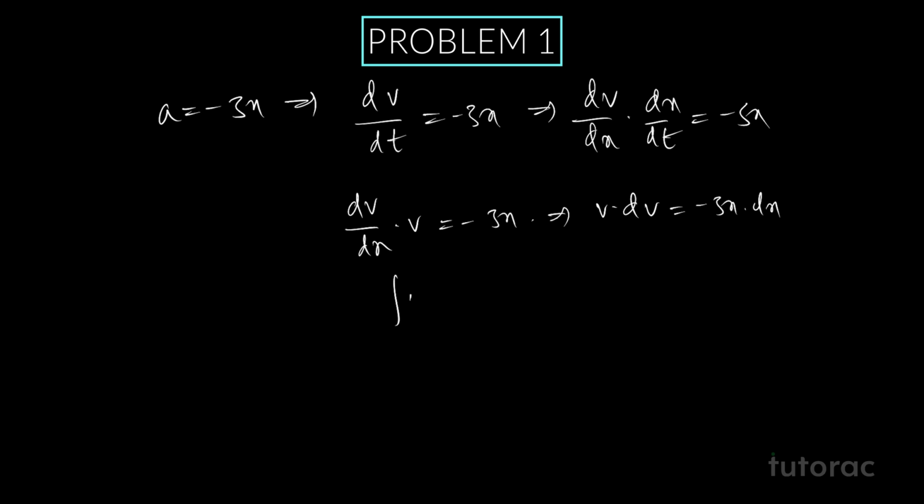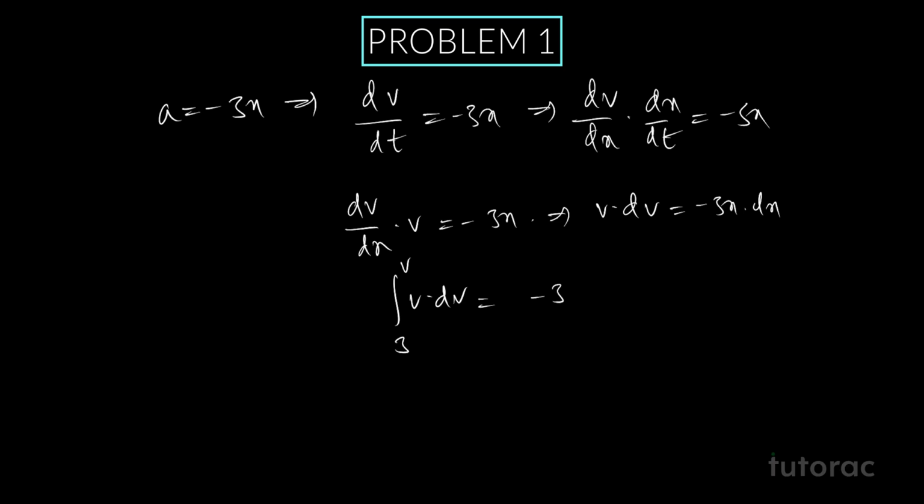If I integrate this, integration of v dv from 3 to some final velocity v, because its initial velocity is 3, that should be equal to integration of minus 3x dx from 0 to x. So that would be minus 3x squared by 2.